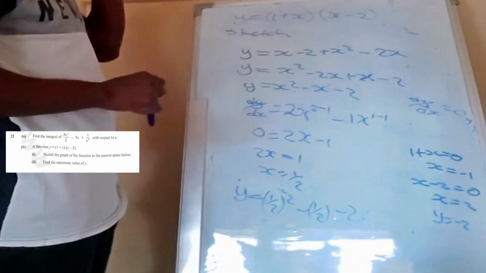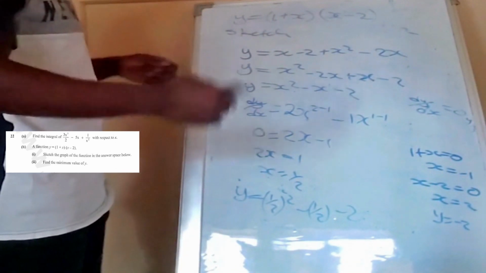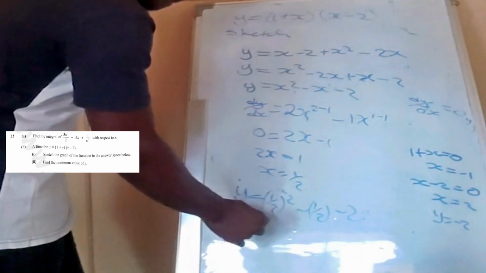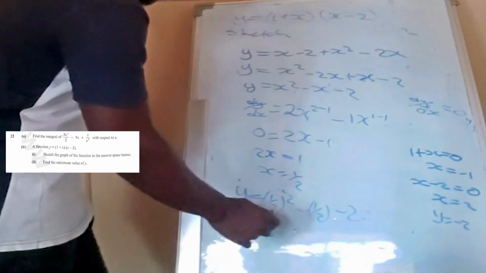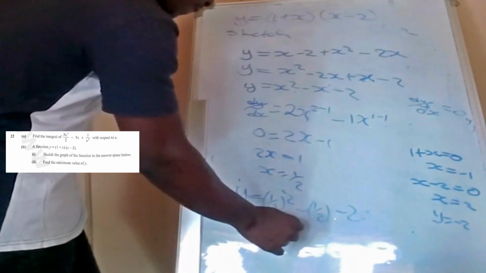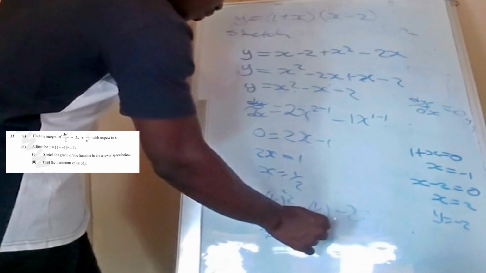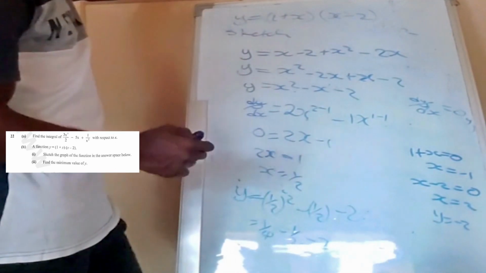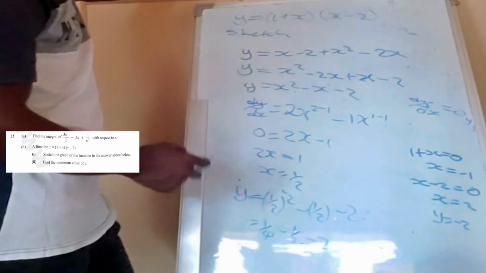Half squared will give us 1 over 4 minus half minus 2. Okay, that is where we are.